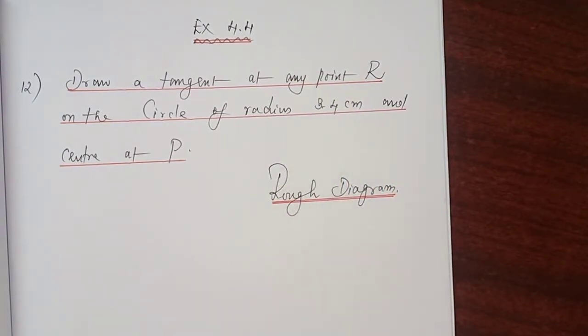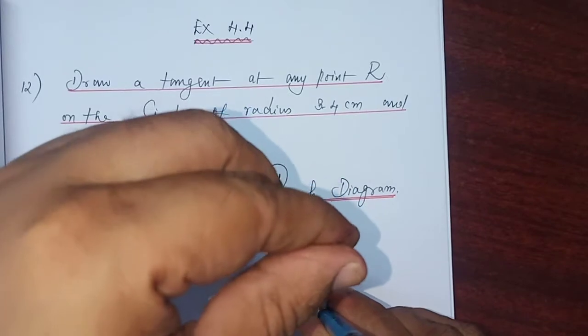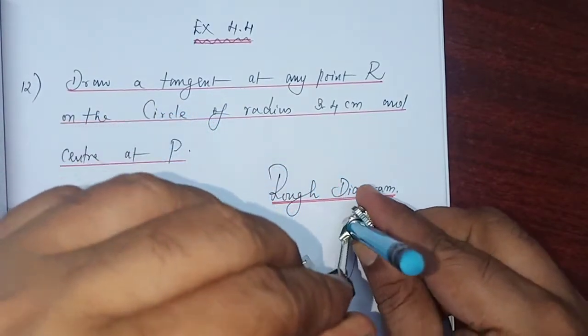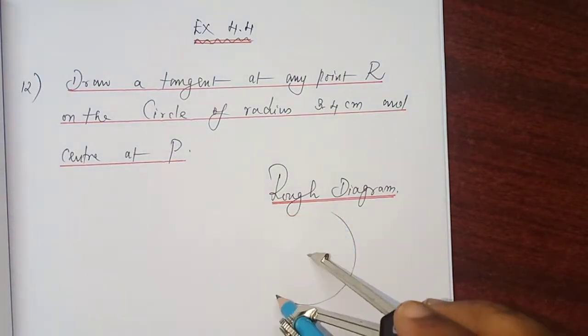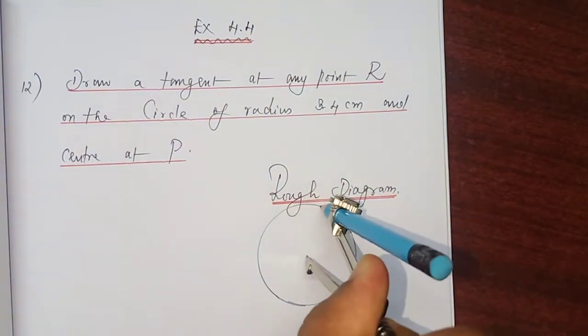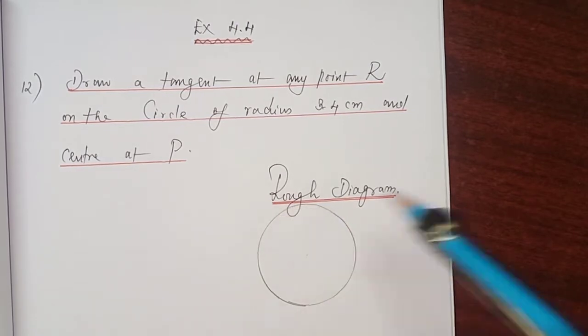We can draw a rough diagram. Draw a circle. So rough diagram only. It can be of any radius.